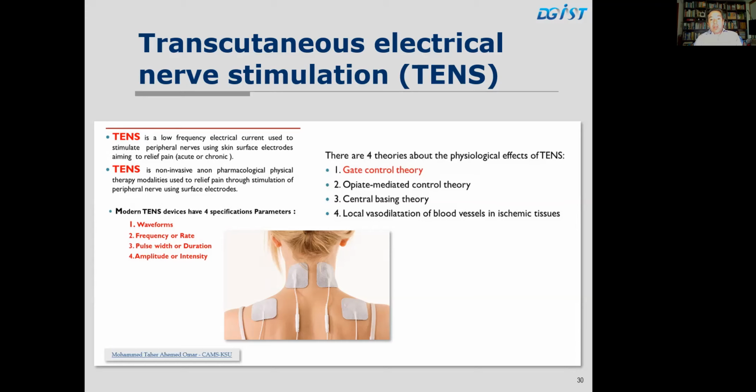Central biasing theory, that there is some impact on the central nervous system. And local vasodilatation. Vasodilatation means opening up of the blood vessels in tissues that might be inflamed or ischemic and causing this pain. But the major theory is this gate control theory that we will talk about.